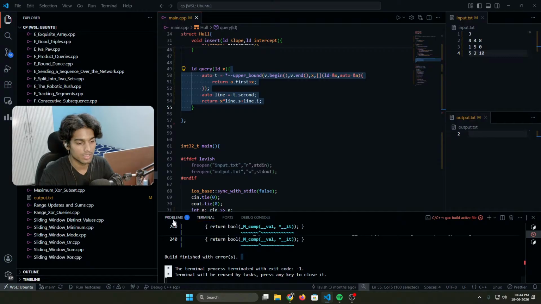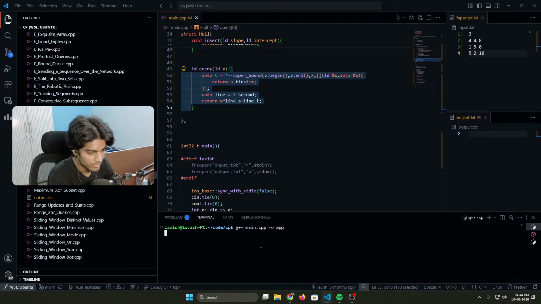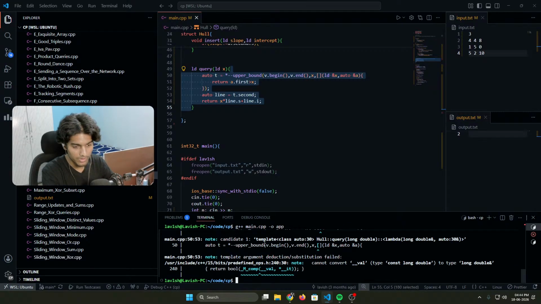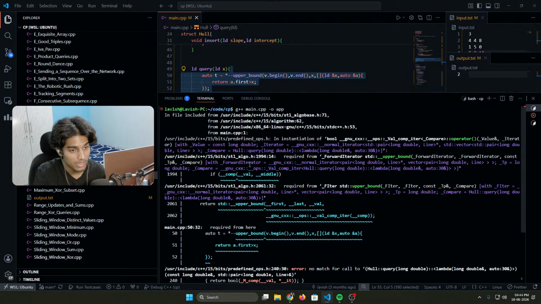Okay, let's do one thing. G++ main dot cpp. Okay, so we have some compile error. It's not compiling.